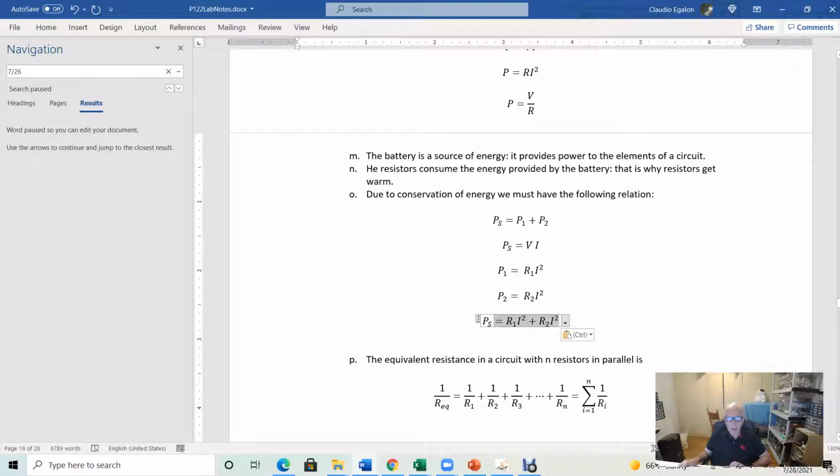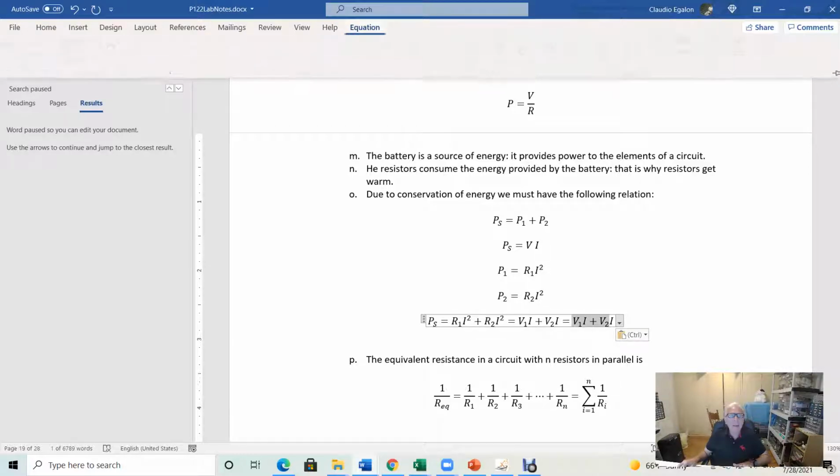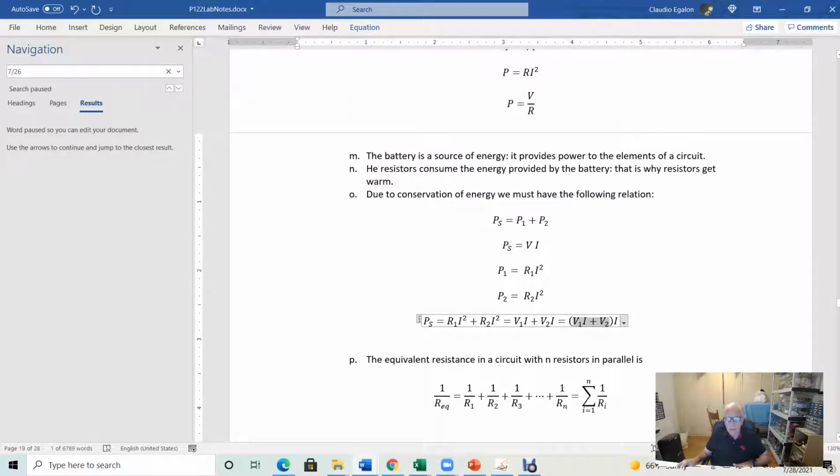But remember, V1 is R1 I, so you end up with V1 times I, and similarly we get V2 times I. We put I in evidence, and we get V1 plus V2, but V1 plus V2 is V, which is exactly this solution right here. That's what you must have, conservation of energy.